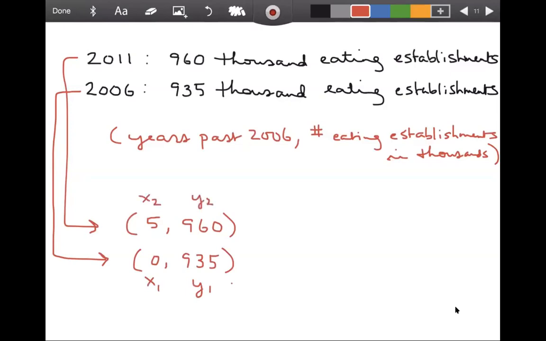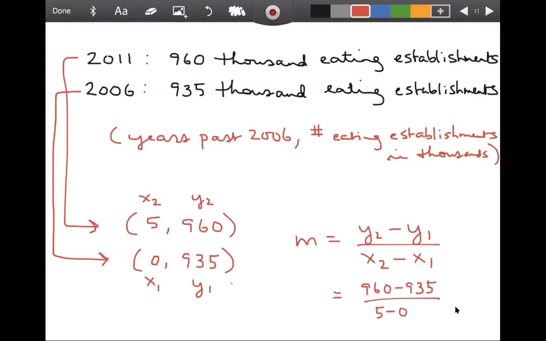First thing we have to do is find the slope. y2 minus y1 over x2 minus x1. y2 is 960. y1 is 935. x2 is 5. x1 is 0. 960 minus 935 is 25. 5 minus 0 is 5. 25 divided by 5 is 5. So the slope of this line is 5.